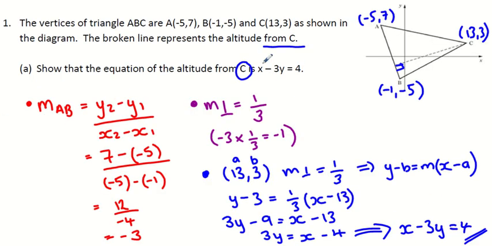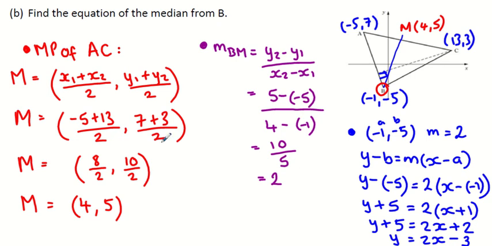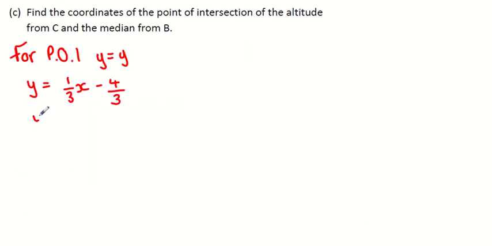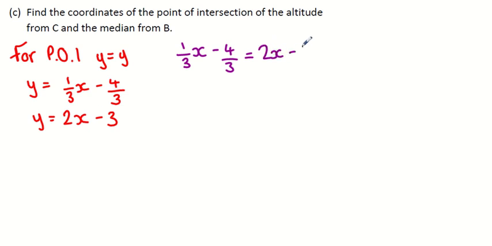Now we could use this and use simultaneous equations, but I'll do that in a minute. So 1/3 x minus 4/3, and we had 2x minus 3 for the other equation. And we're going to set y equal to y. So we have an equation with fractions here, 1/3 x minus 4/3, and I'm setting that equal to 2x minus 3.